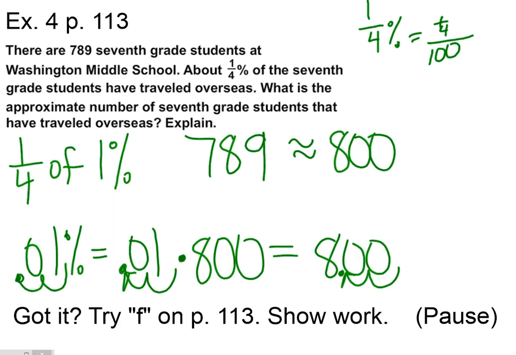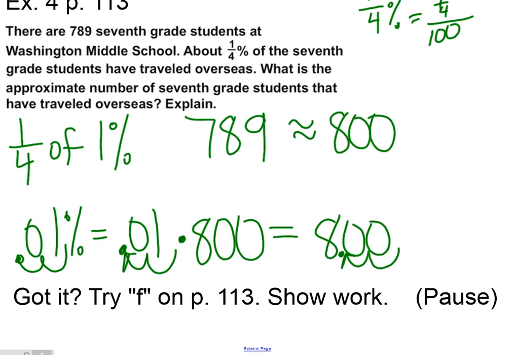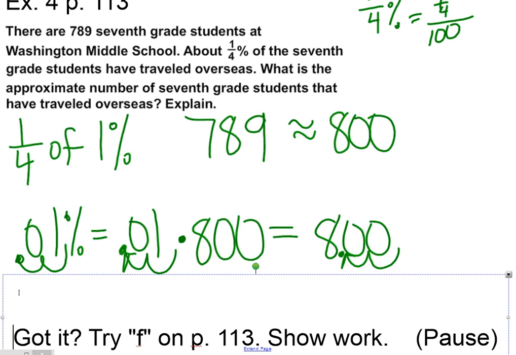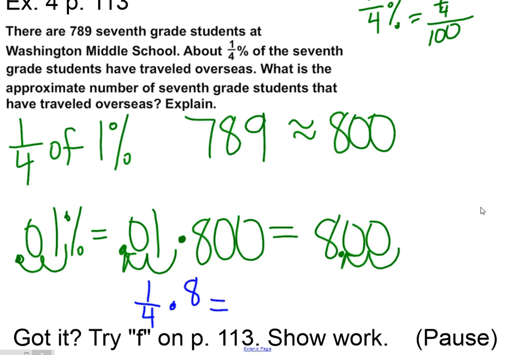Now we need to take 1/4 of a percent. So you take 8. Let me get some more space to work this out. Okay, so 1/4 of 8 is 8/4, or you can cross cancel here.